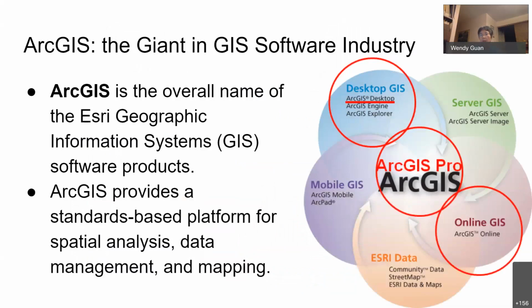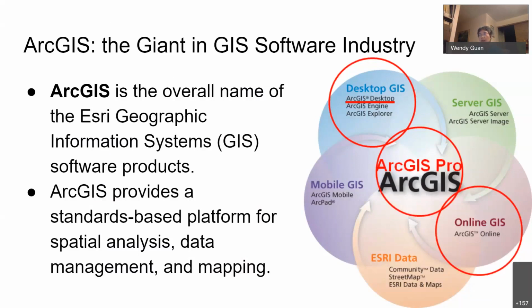And when we talk about doing GIS, you need software. Okay? One of the dominating software in the GIS industry is ArcGIS by the company called Esri. Probably most of you are already familiar with it. ArcGIS is not actually one piece of software.